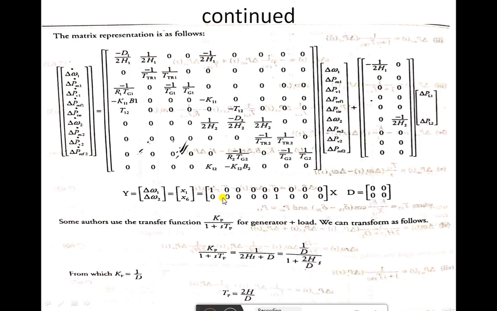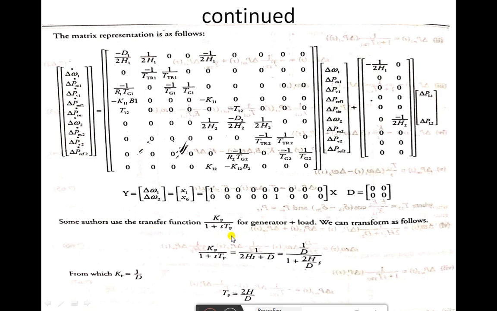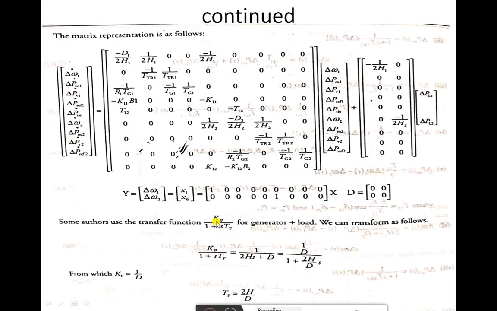Here we can see that some of the authors use Kp divided by 1 plus sTp for the generator plus load. We can transform it as follows: we can express it as 1 upon 2Hs plus D. This mathematical modeling we have used in our earlier discussion in the previous slides for expressing the various variables of state modeling.